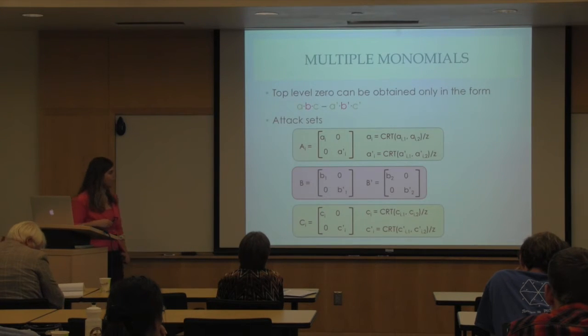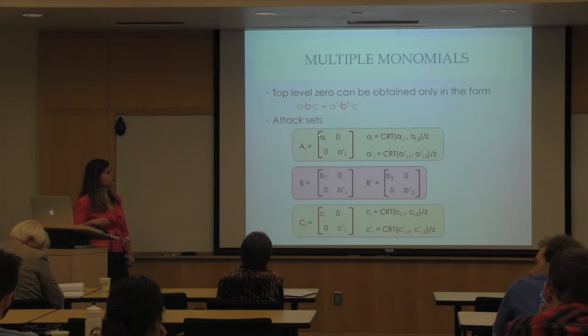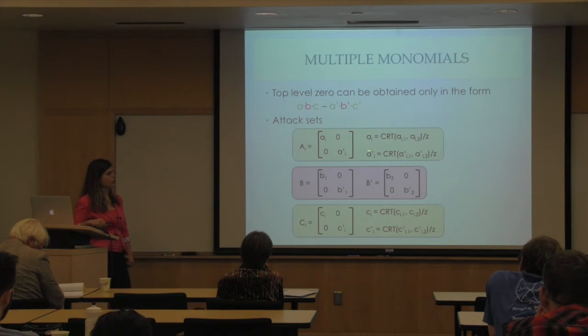So how are we going to construct our attack sets? Well, our attack sets now will be this type of matrices that will be basically using the components of the new BWZ encodings. The two components of the BWZ encodings are two CLT13 encodings.